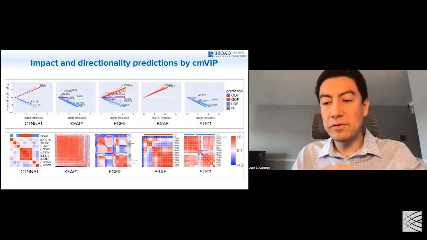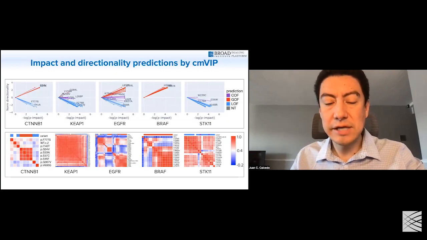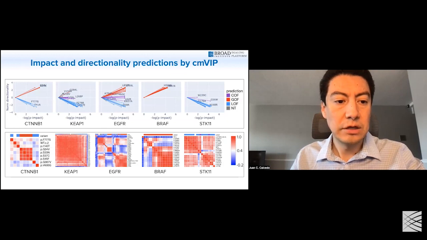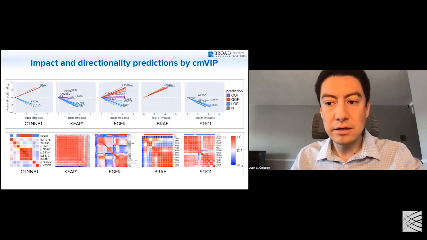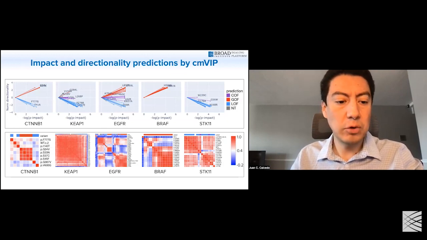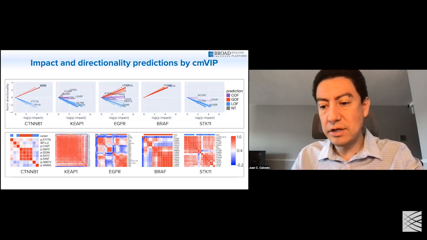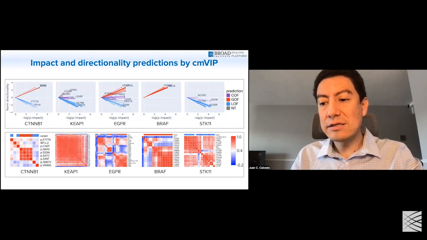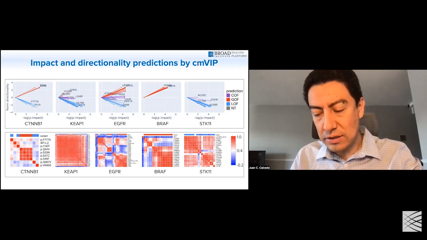We ran this for all of the variants in our set of cell painting data. And what we can observe here is that some of the genes, for instance, STK11, have most of the variants with a loss of function mutation in this case.